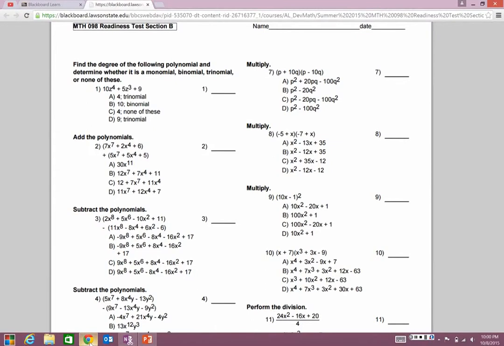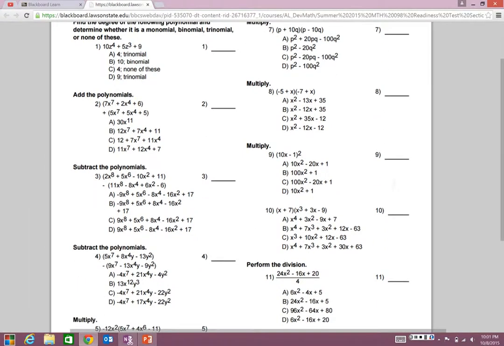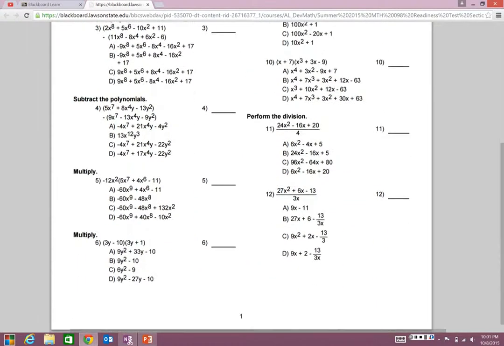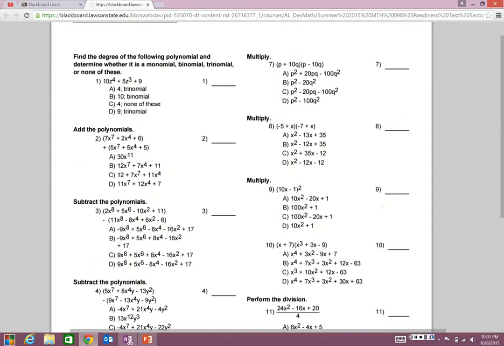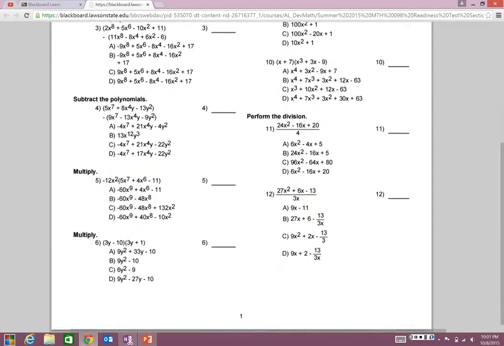As you can see, the first problem asks to find the degree of the polynomial and determine whether it is a monomial, binomial, trinomial, or none of these. Then you're asked to add polynomials, subtract polynomials, multiply, and at the end divide.